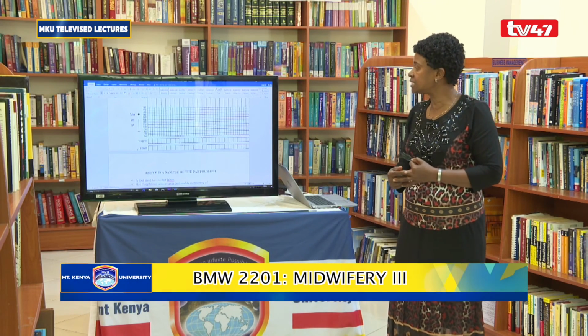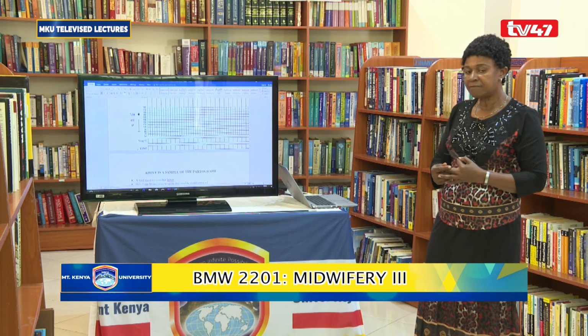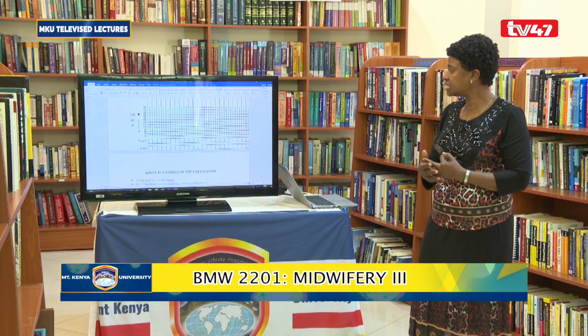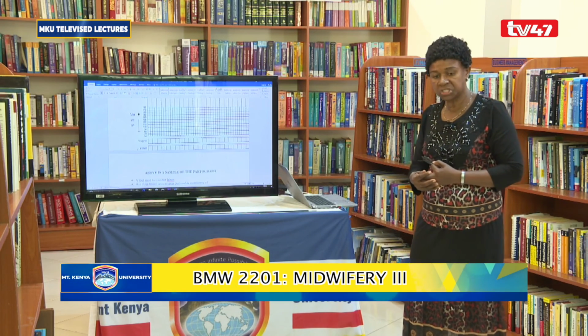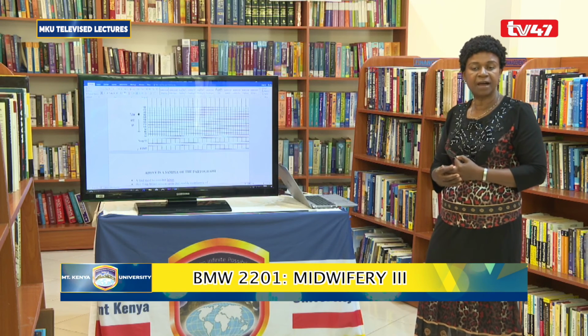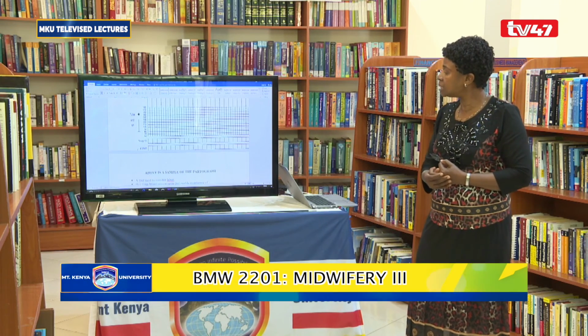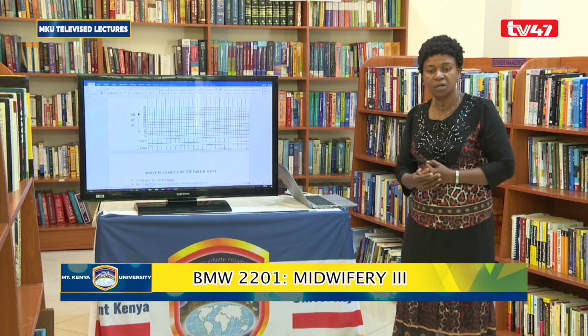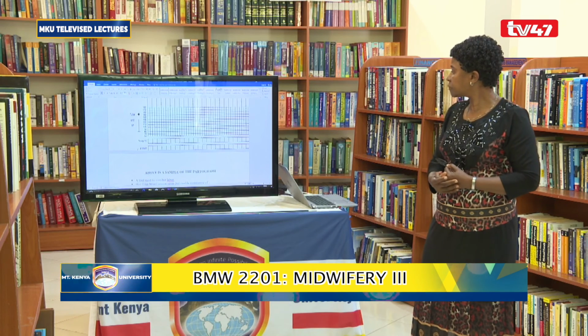But in cesarean section, we usually allow up to 1,000 milliliters of blood loss. Any amount above 1,000 milliliters in cesarean section, we call it postpartum hemorrhage. Any amount more than 500 milliliters of blood loss in a normal delivery, we call it postpartum hemorrhage.